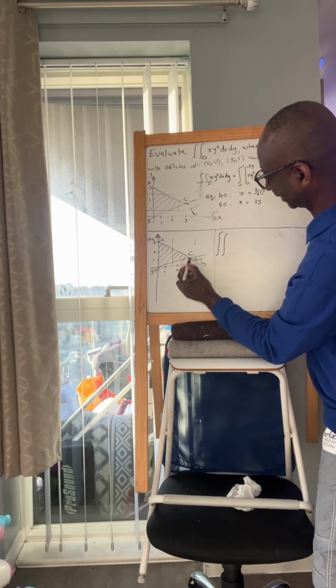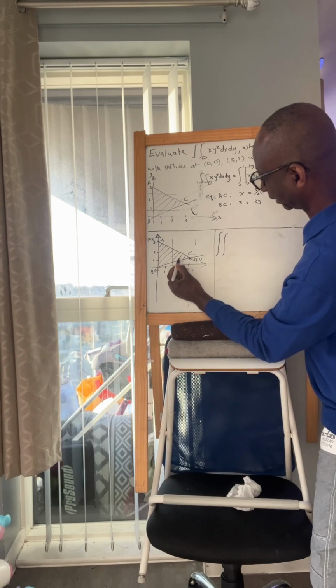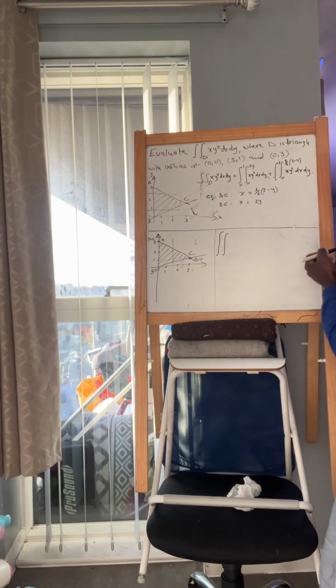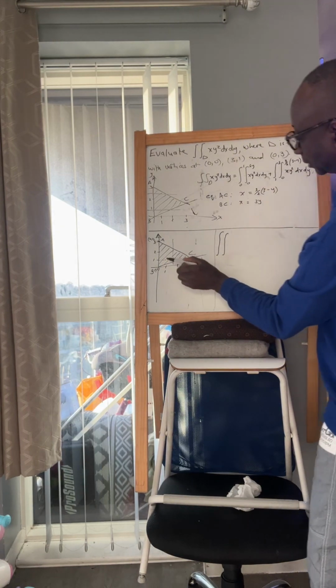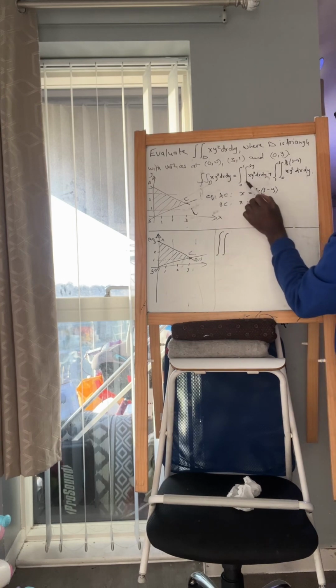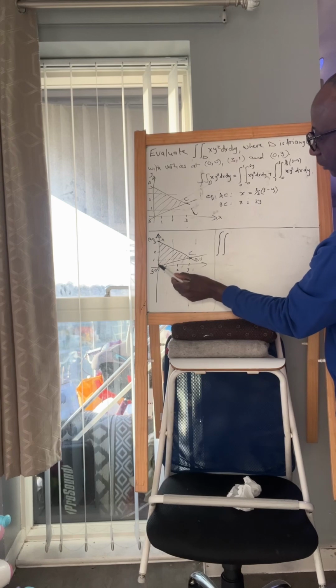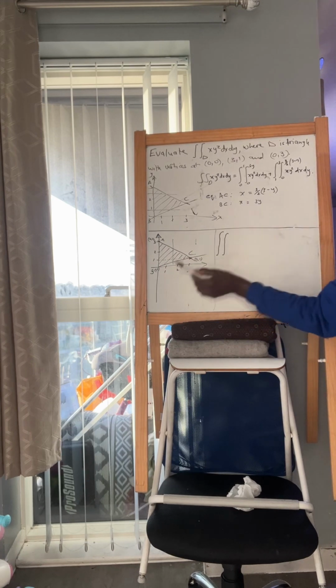This is where these two lines intersect, if you look here, it is 1. That's why we have here 0 to 1, because for this line, you start from 0 to 1 on the y-axis.